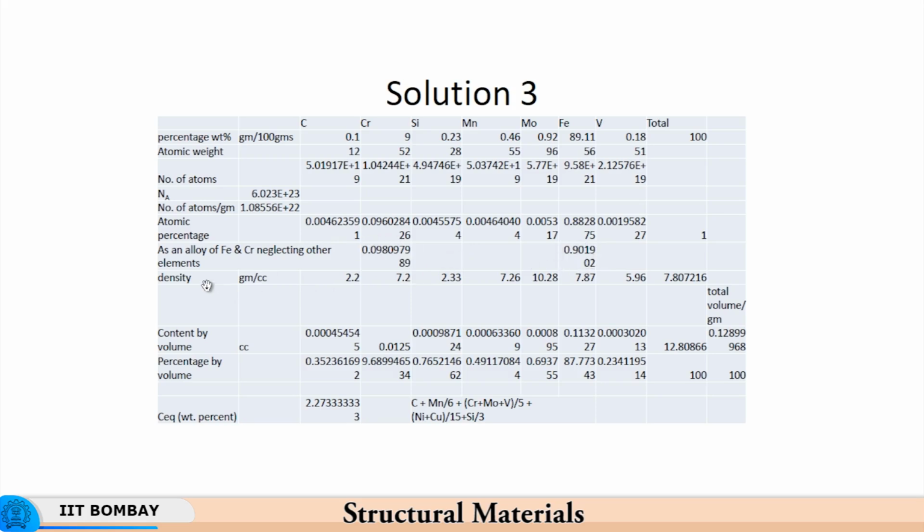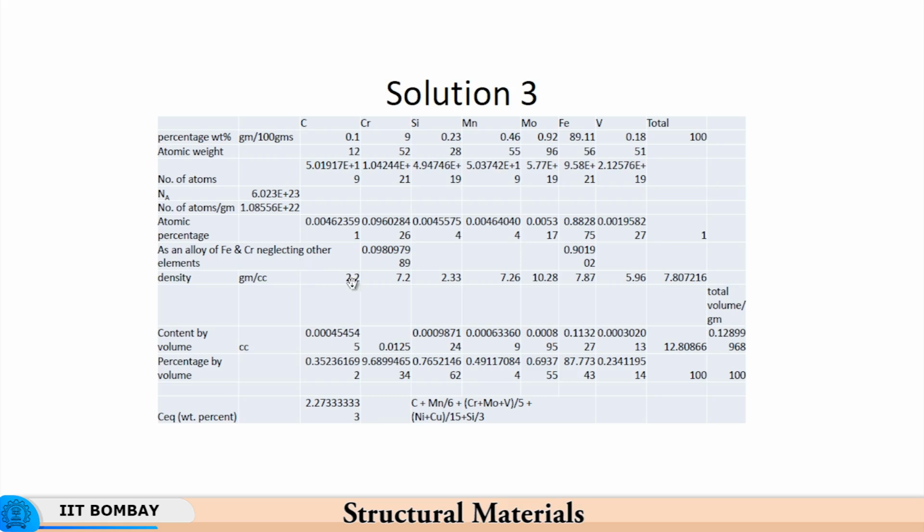Okay. So now if you take the density of each in gram per cc, because now we want to find out the content by volume. So first we have been given the composition in weight percent. Now we want to find out in terms of atomic percentages, that we have done, and now we go on to find out content by volume.